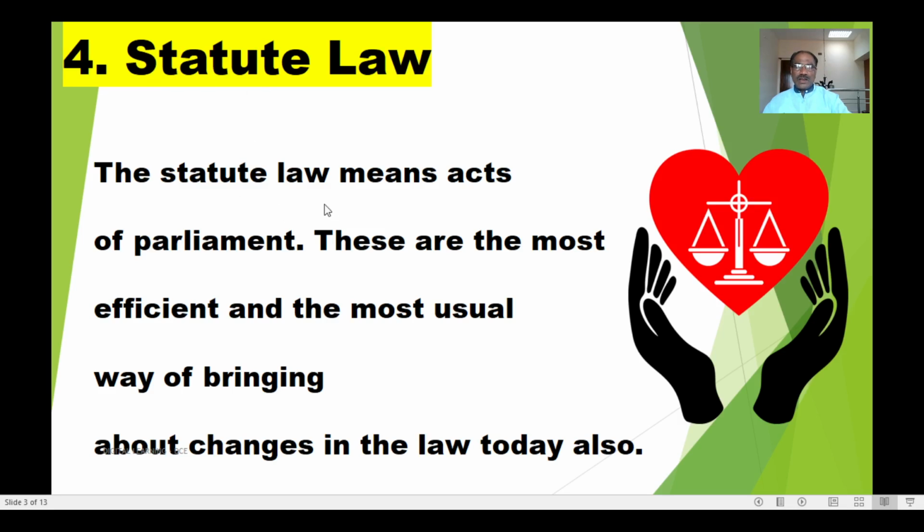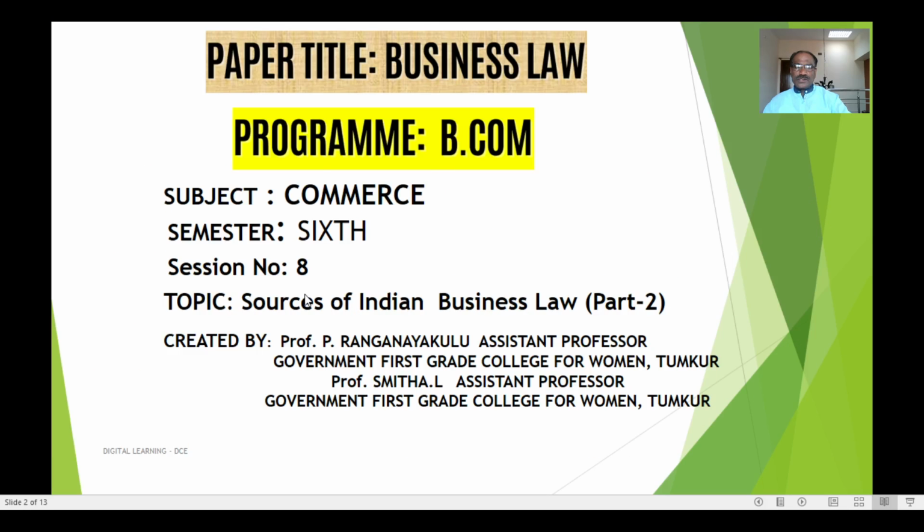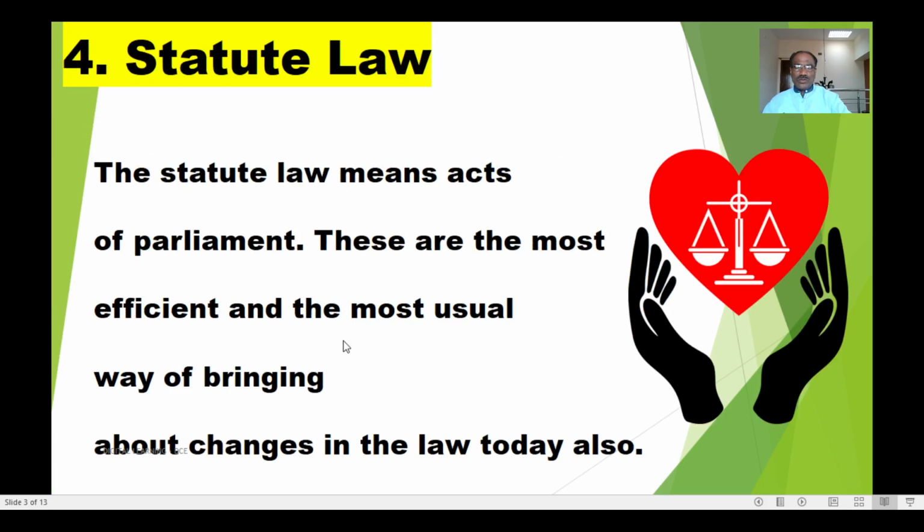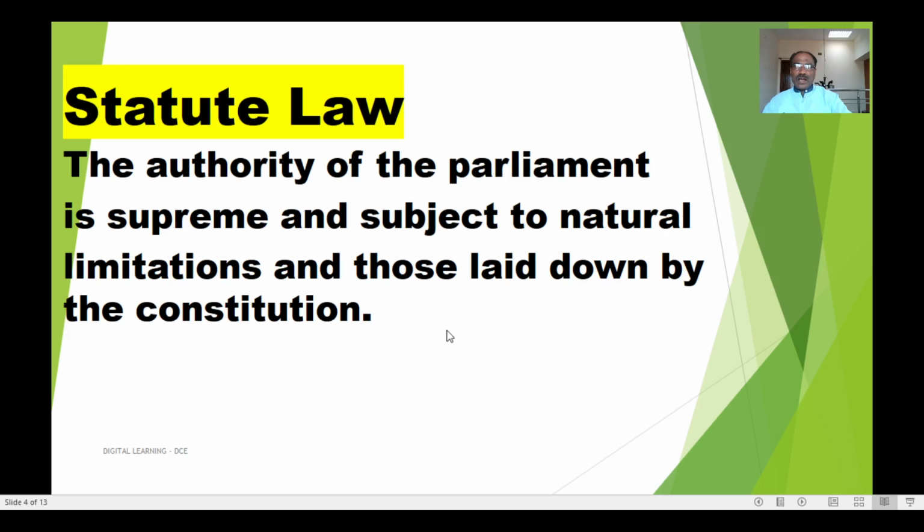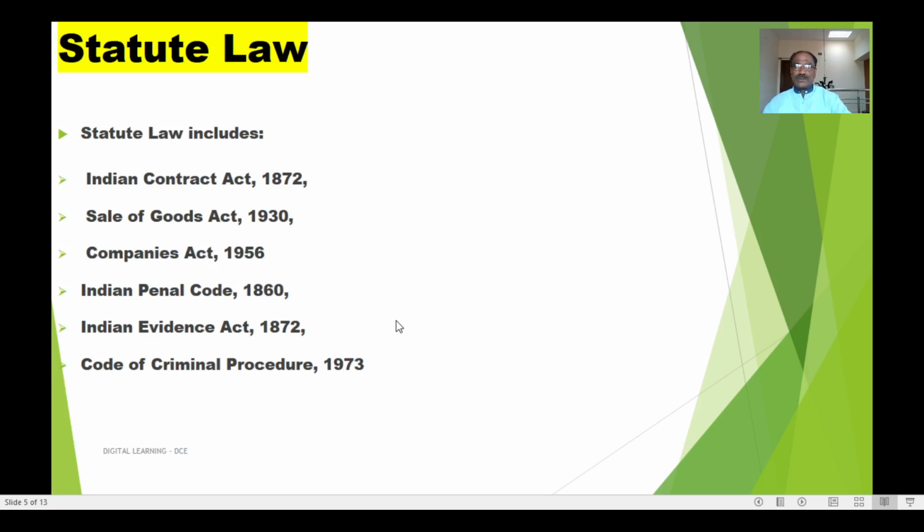The statute law means the acts of parliament. These are the most efficient and the most usual way of bringing about changes in the law today also. The authority of the parliament is supreme, subject to natural limitations and those laid down by the constitution.